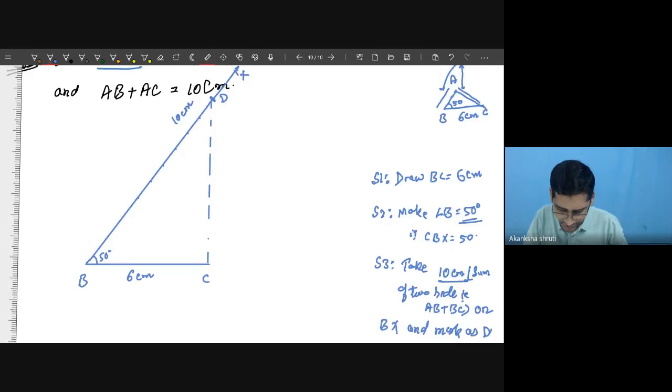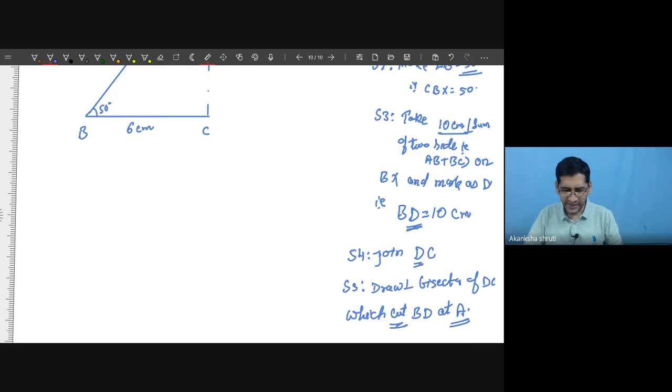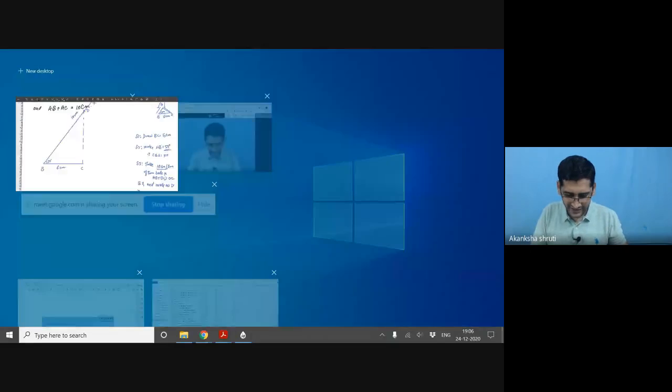How to draw a perpendicular bisector we have already learned in our earlier lecture. You have to observe that the perpendicular bisector should cut BD at some point. This point where it cuts will give us the point A.